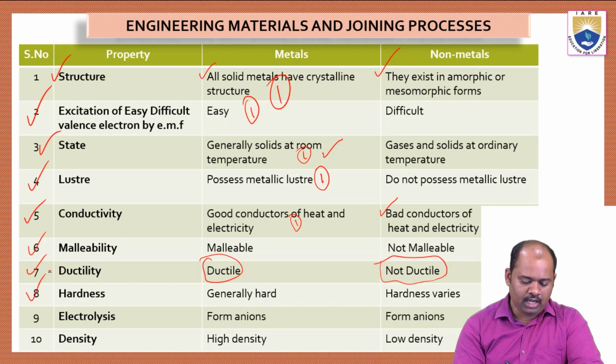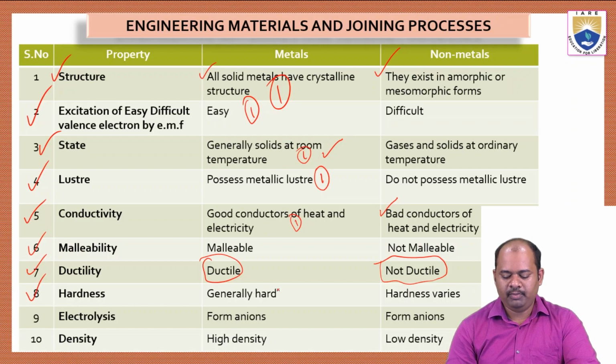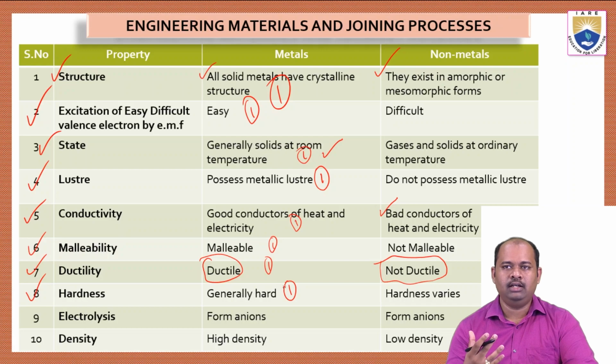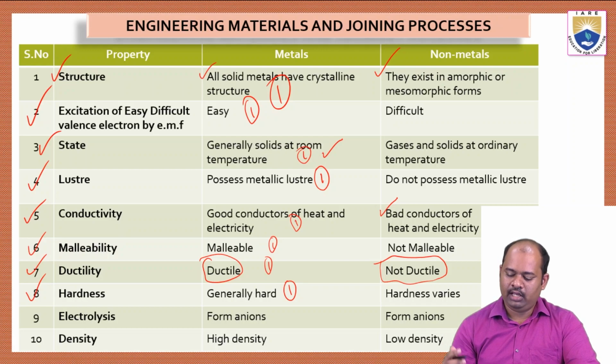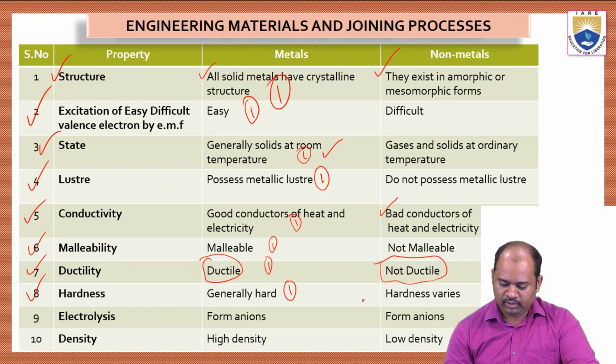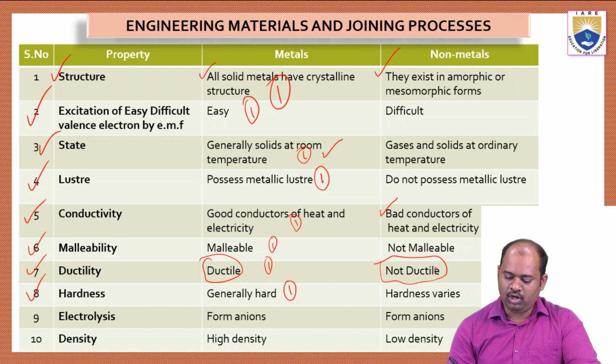And then hardness. Generally all the metals are hard. I forgot to write all the points here. So metals are generally hard, they can carry high loads, whereas this hardness varies in non-metals. So hardness varies from metal to metal.